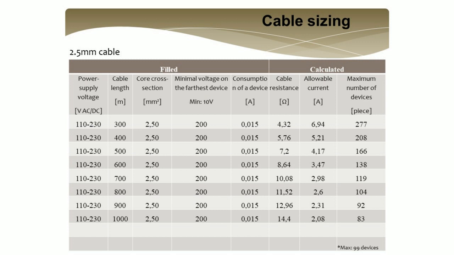With 2.5 cable, with 1 kilometer of cable, it can be a maximum of 83 devices. Okay, this is the maximum cable length. We use the same cable for main battery and central battery systems.